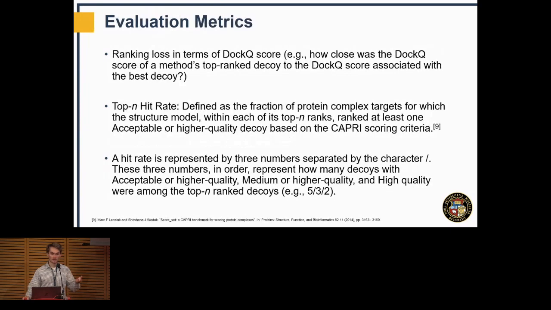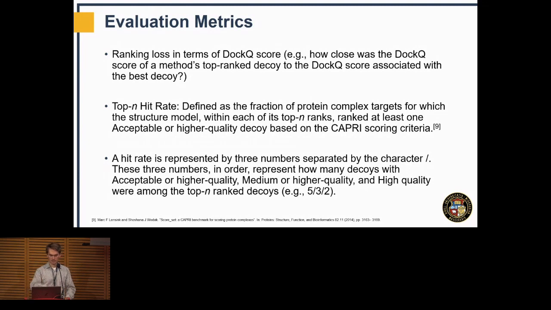In terms of how we evaluate these methods, so if we have a trained model, how do we actually tell how well it does? And the metrics are key, as we'll find out later in a results section. So we'll just step through a little bit carefully how we're going to interpret these results. So the ranking loss, that's the first key metric. If we have our model predicted DocQ score, we can use that to essentially take a pool of protein complex decoys, assign a DocQ score to each of those, and use that to rank from best to worst decoys.